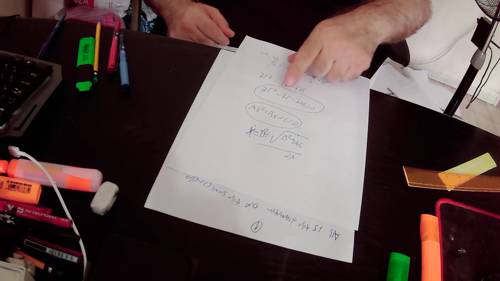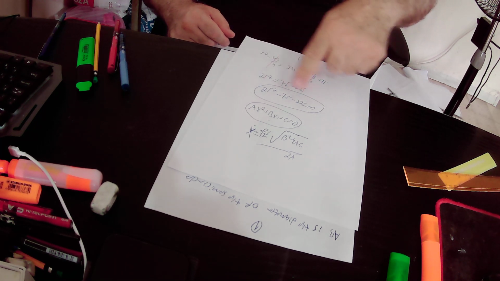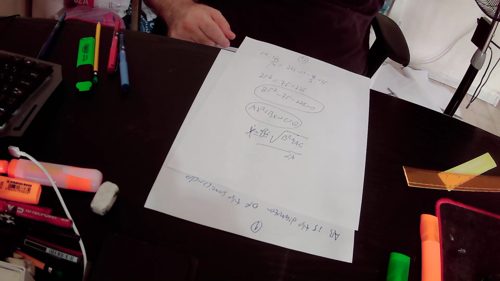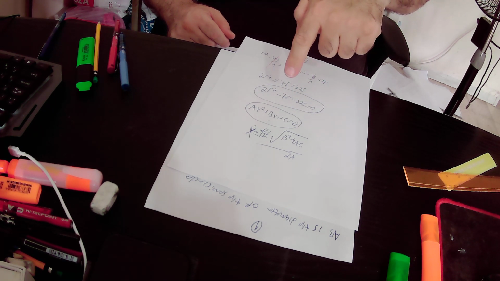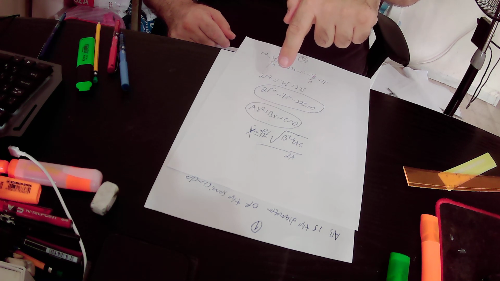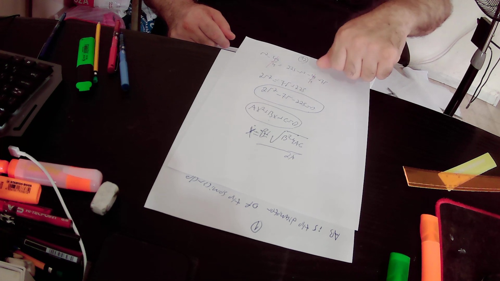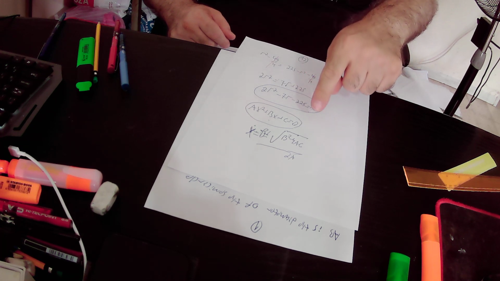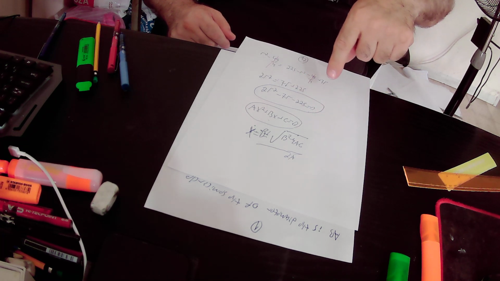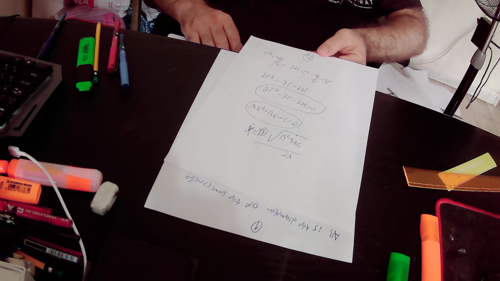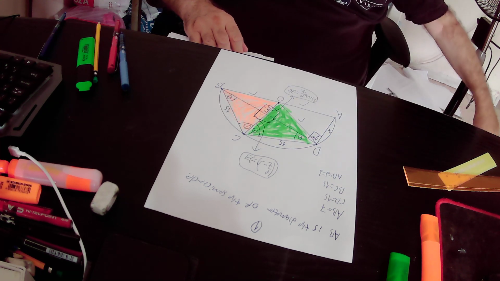We have the general formula for the quadratic equation, where a, b, and c are the coefficients and x is the variable that we want to find out.